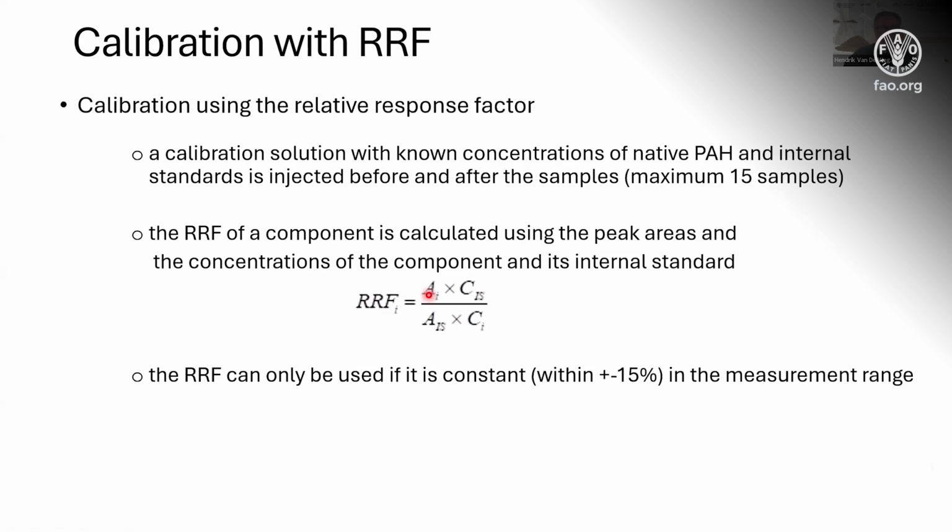And this is the formula. So we have the peak area of the component divided by the peak area of the internal standard, multiplied by the concentration of the internal standard, and divided by the concentration of the component. The relative response factor method can only be used if the RRF is constant within 15% in the measurement range.